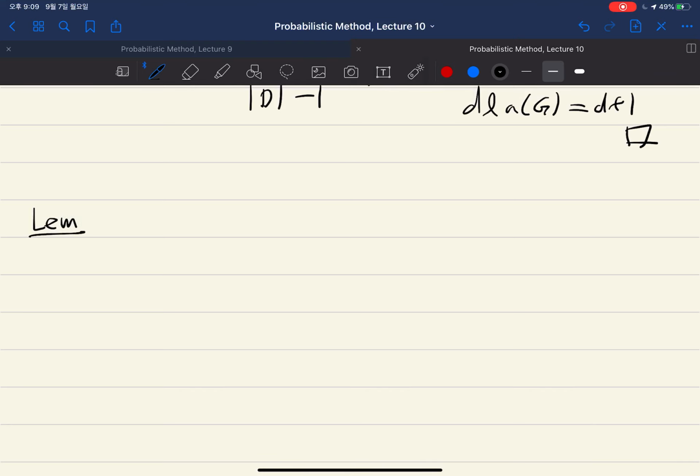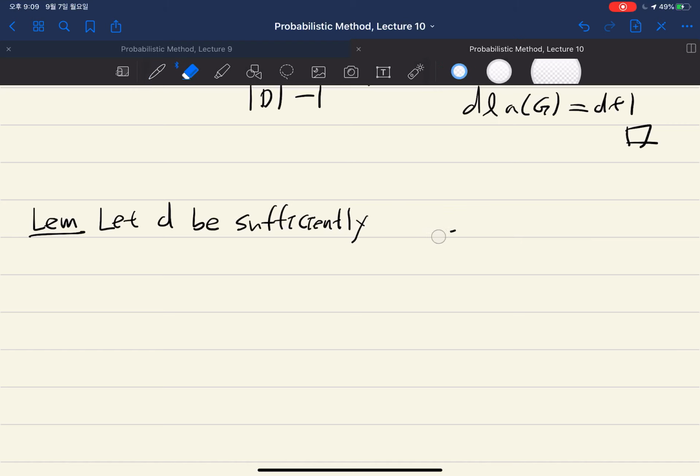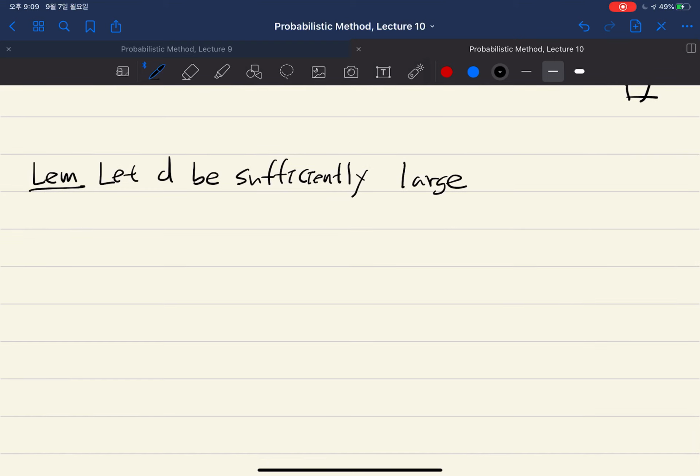So now we prove the following lemma. Recall that our goal is that when we have a d-regular digraph T, we want to decompose it into digraphs T1, T2, to Ts and D0, so that all of this has large girth.